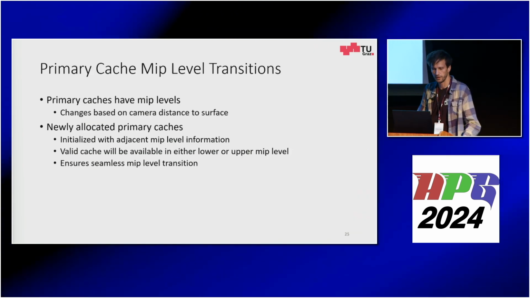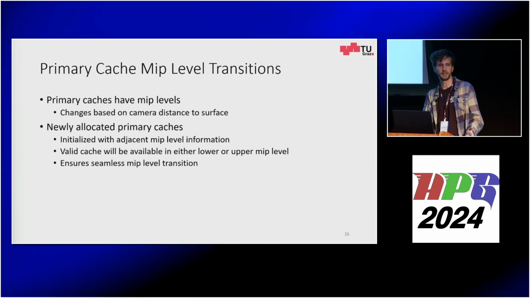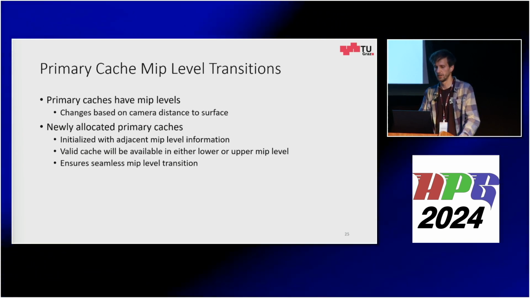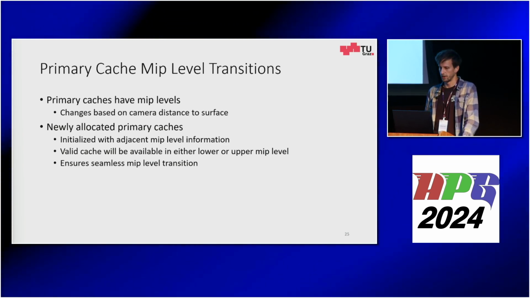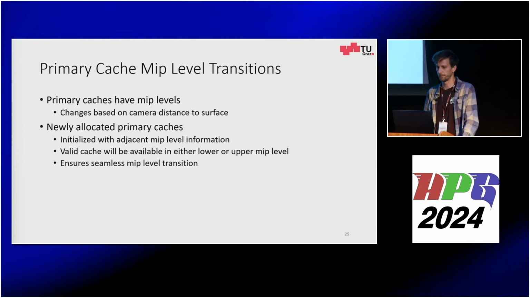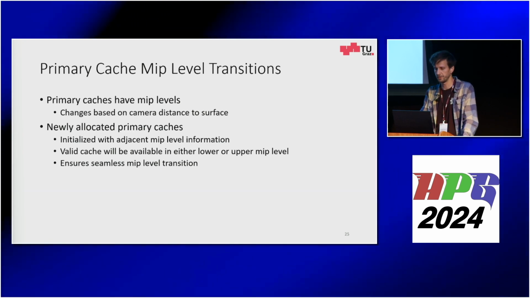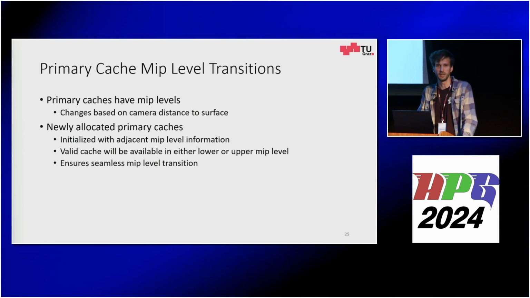Another thing is, with the primary caches we have MIP levels, so they vary depending on the position of the camera, and we have to ensure that we have a consistent density of caches in screen space for the primary caches. As a result, new primary caches are allocated during a MIP level change.